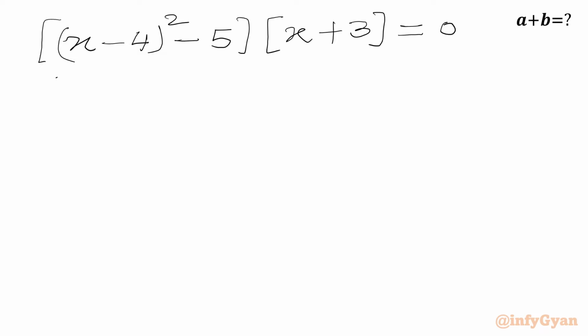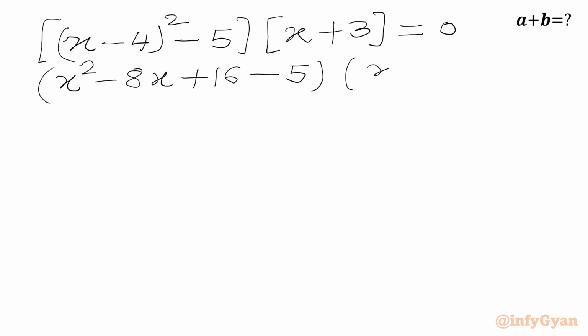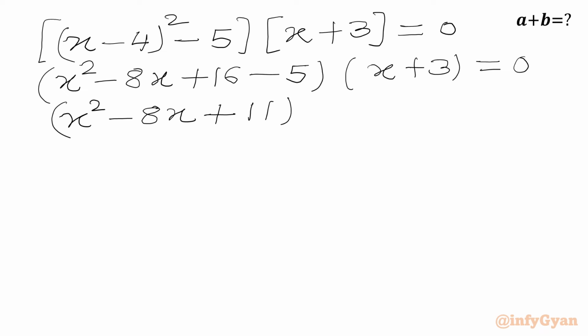Applying the formula, we will get x square minus 8x plus 4 square, which is 16, minus 5, times x plus 3 equal to 0. Or we can write x square minus 8x plus 16 minus 5, which is 11, times x plus 3 equal to 0.